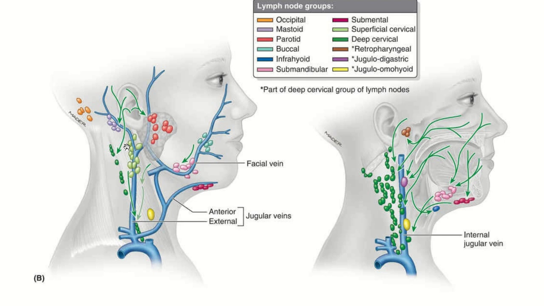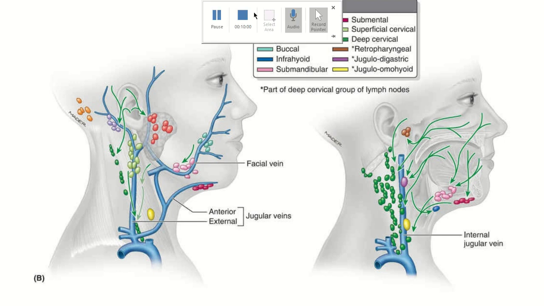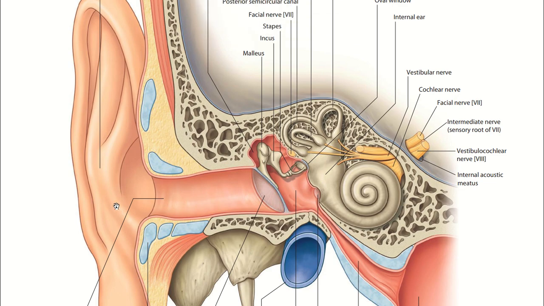Let's take a look at the external acoustic meatus. The external acoustic meatus is about 2.5 centimeters long, and it is not straight.